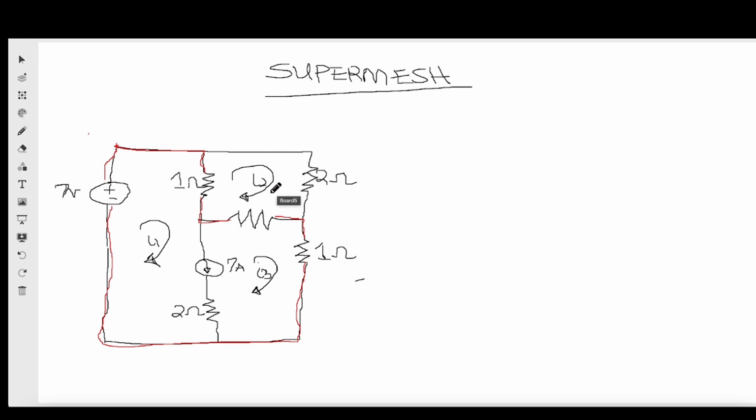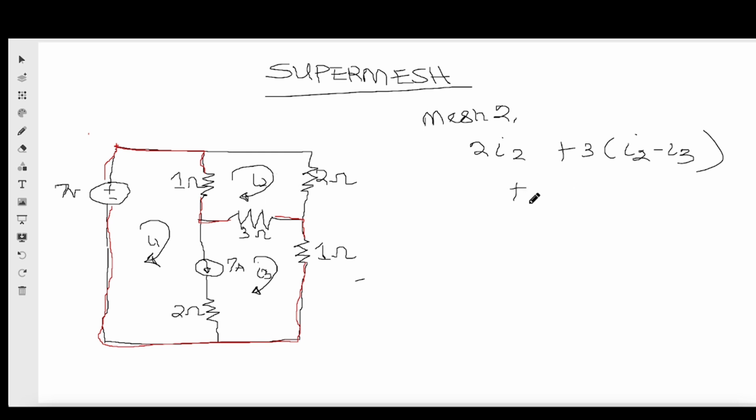So let me write the equation for mesh 2. Applying KVL to mesh 2, what do we have? We have 2i2, and this here is 3 ohms, so plus 3 into bracket i2 minus i3. You can see that the 3 ohm is in between i2 and i3, and the current is going in the direction of i2, but i3 is going in the opposite direction.